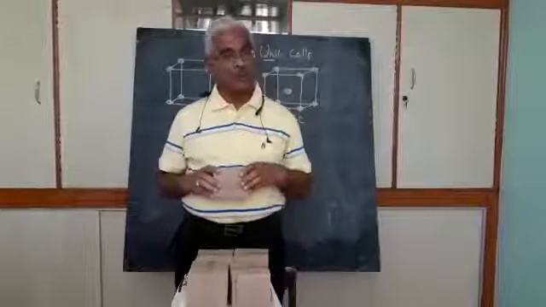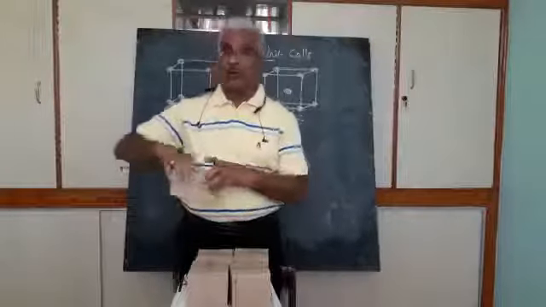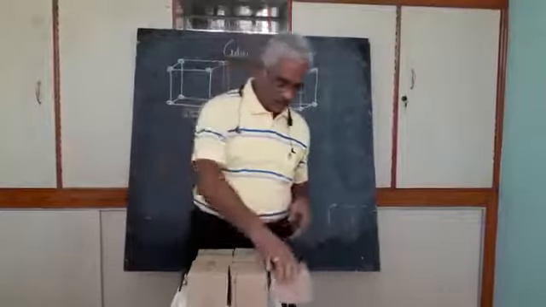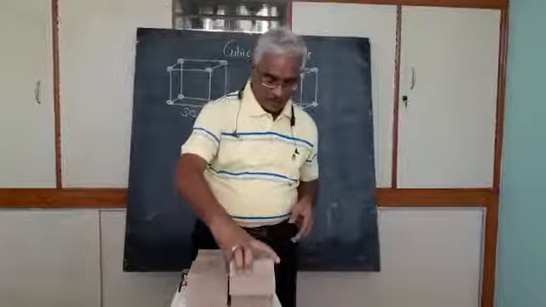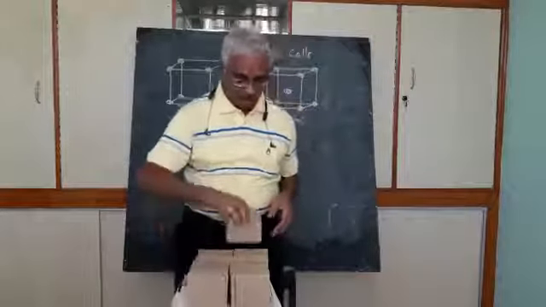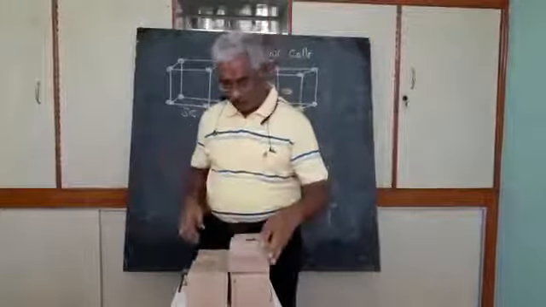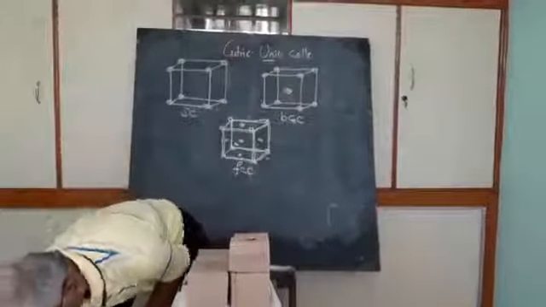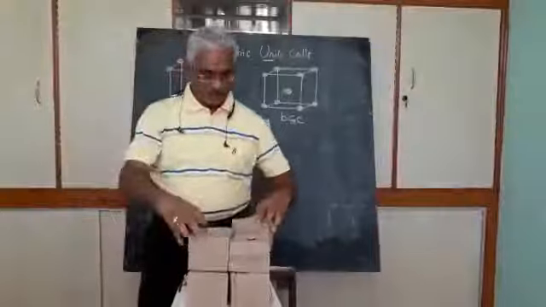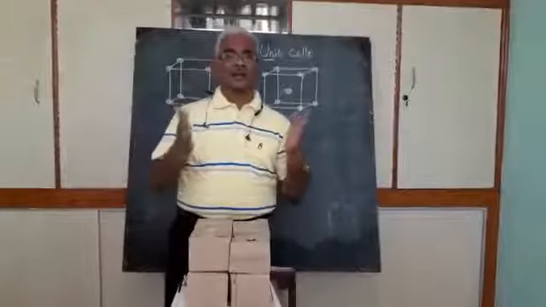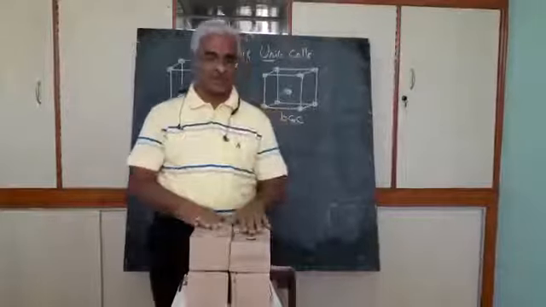What do you mean by 3 dimension? So, unit cells are present in the right side, in the left side, in the front side, in the back side, at the bottom, at the top. Likewise, we can go on building the unit cells. Number of unit cells are present.